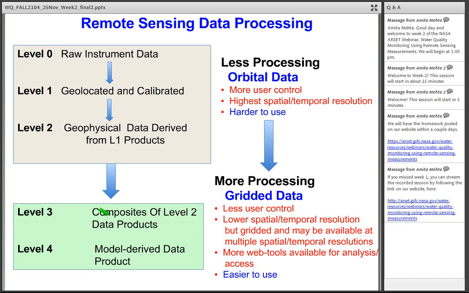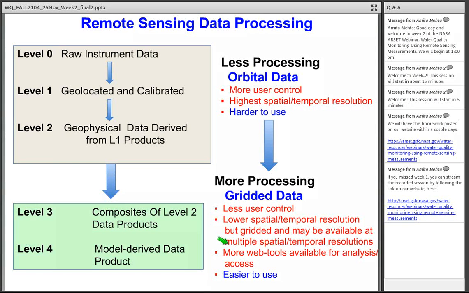processed products available. These are level 3 data. And level 3 data are composites of level 2 data. So they are geophysical parameters, but they are now gridded, so that they are on uniform spatial resolution grids.